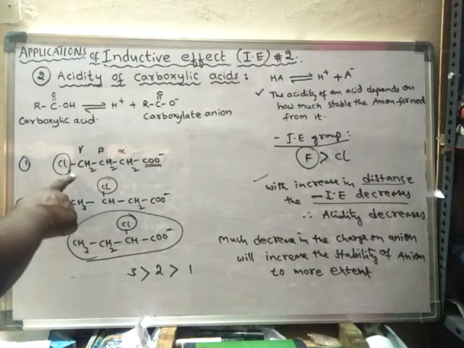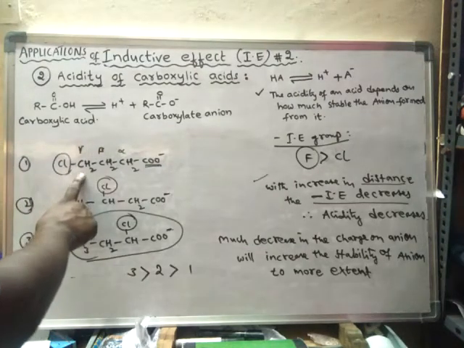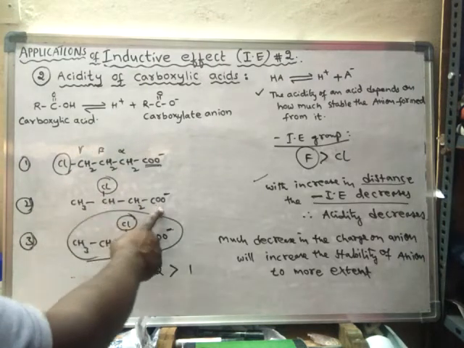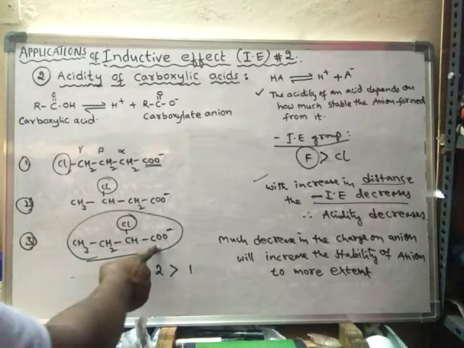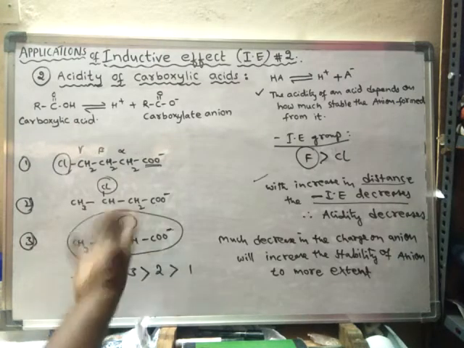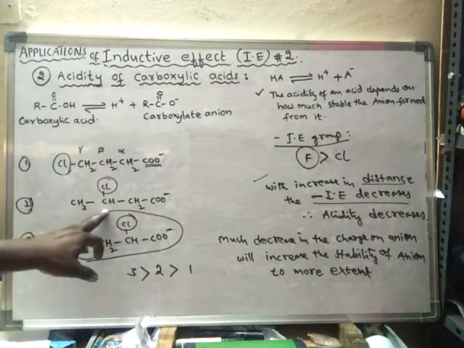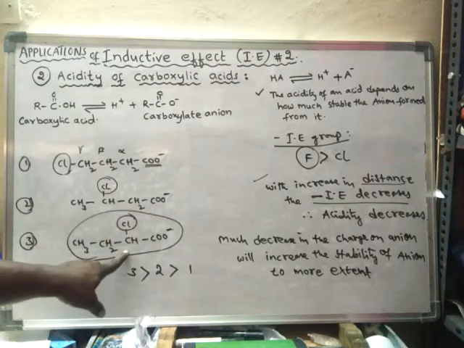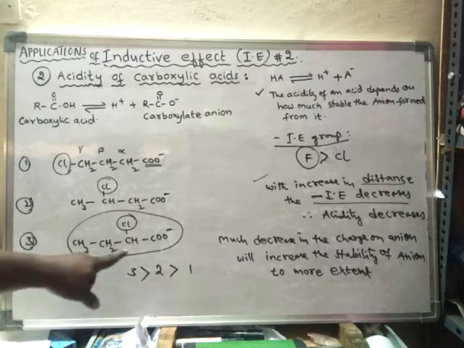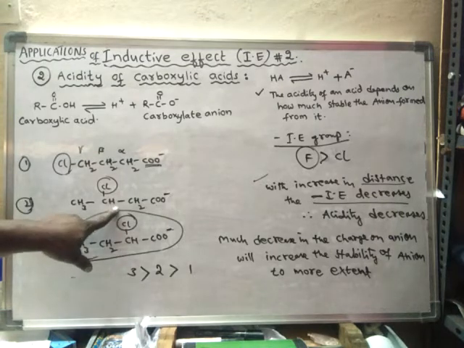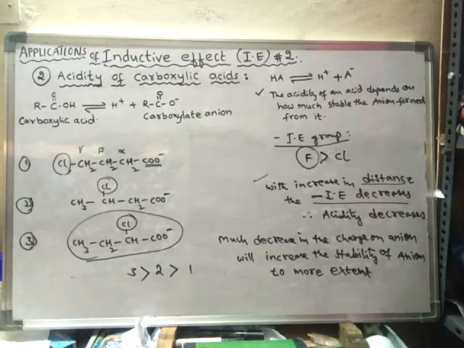This is called gamma chlorobutanoic acid, beta chlorobutanoic acid, alpha chlorobutanoic acid. Alpha chlorobutanoic acid is more acidic than beta chlorobutanoic acid, and beta is more acidic than gamma chlorobutanoic acid.